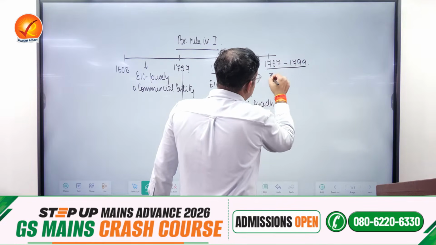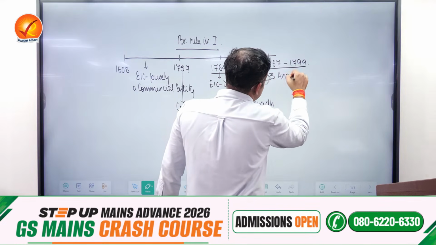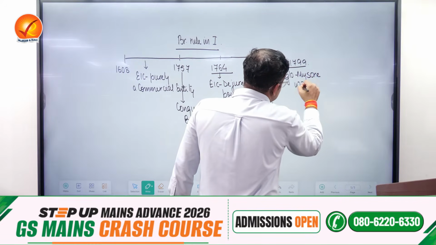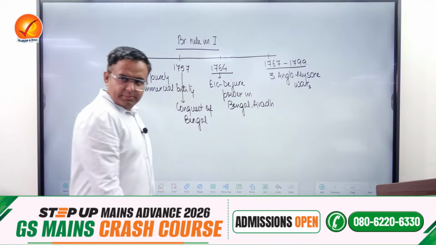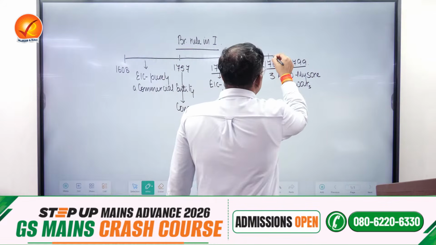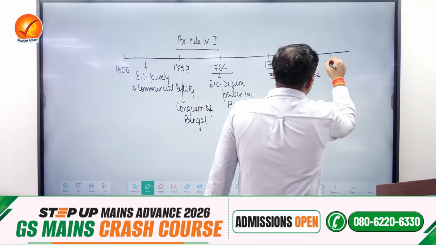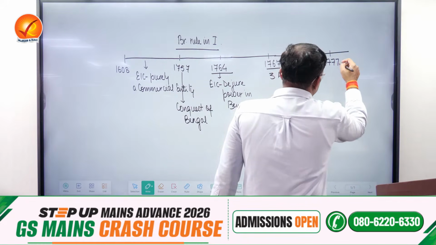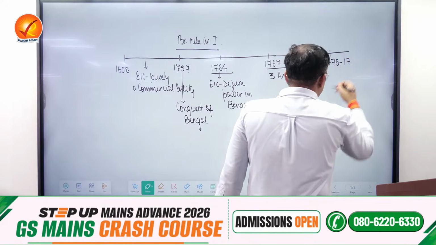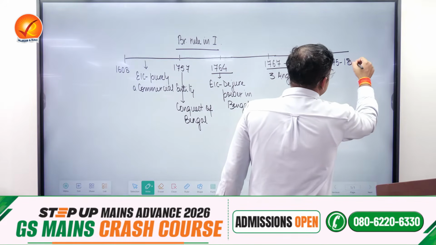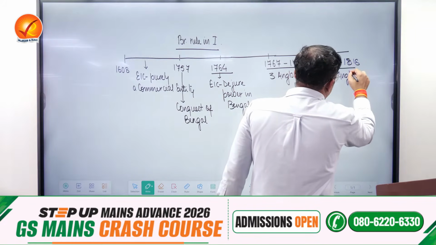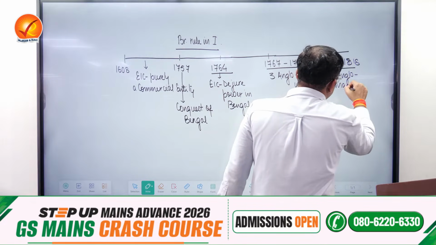We will write 3 Anglo-Mysore wars. Agreed? You don't have to write everything. 3 Anglo-Mysore wars. Then you would also write 1775 to 1818, 3 Anglo-Maratha wars. Agreed?